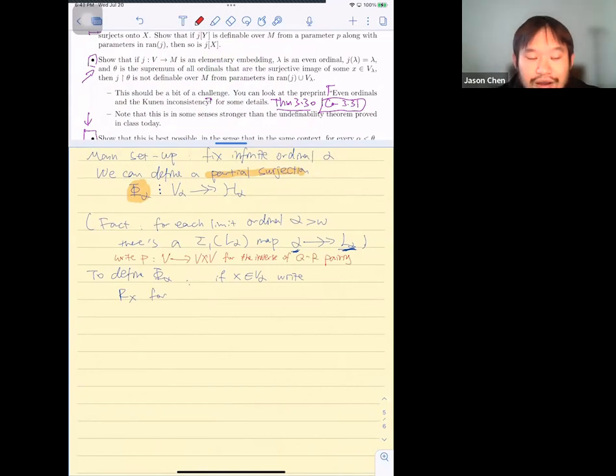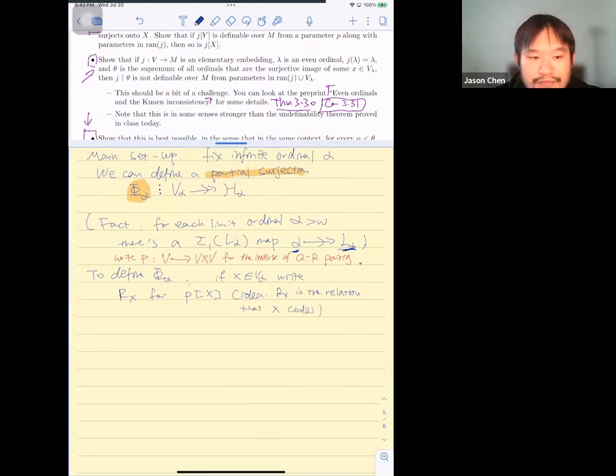Right. So the Quine-Rosser pairing goes from an ordered pair to a single set. So this is going the other way. Each set is thought of as some code for a relation. Now we write Rx for P image X. So the idea is Rx is the relation that X codes.